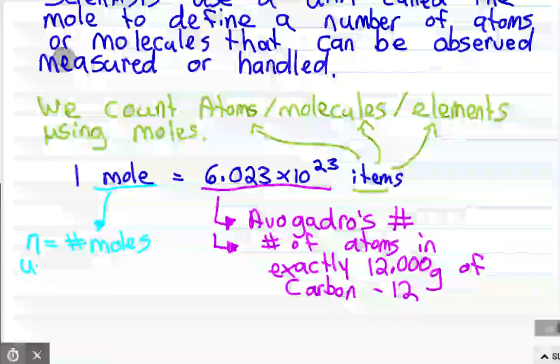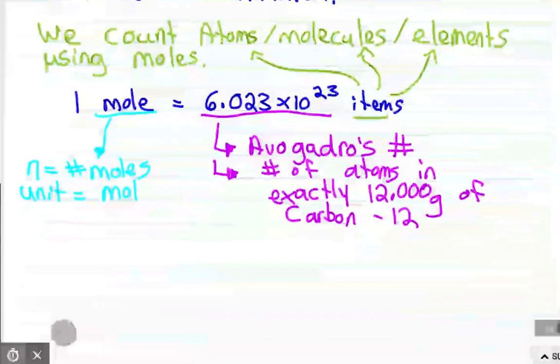And the unit that moles is measured in is the mole. So 1 mole is measured in moles. It has a symbol N, and there is 6.023 times 10 to the 23 items of whatever you have in 1 mole.